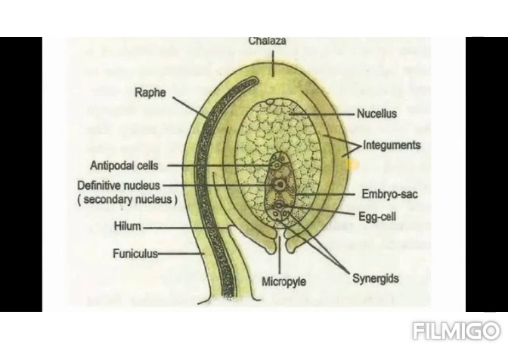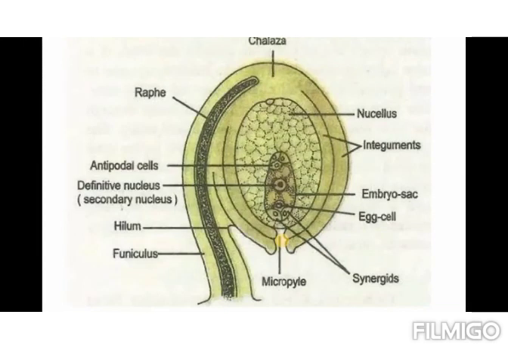One of the openings, which is called the micropyle, if it is downwardly directed, then that type of ovule is called an anatropous ovule, tilted downwardly. So it is called an anatropous ovule. It is the most common type of ovule in angiosperms.